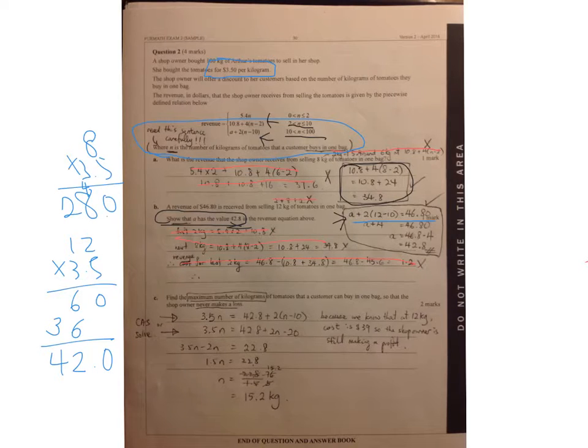Now, $42 is the cost of the tomatoes. And when she sold it, she got 46.8 back. So she's making a profit.